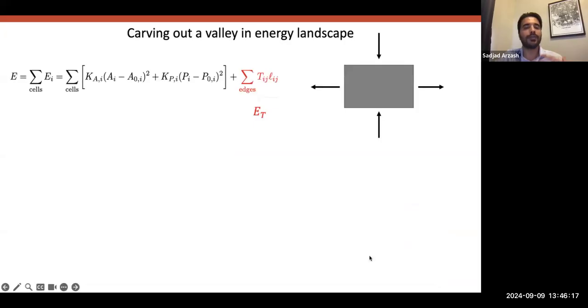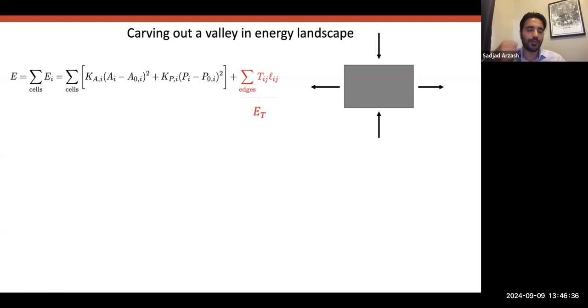I start with the same usual vertex model that I talked about, but to be able to add edge tensions as new degrees of freedom.